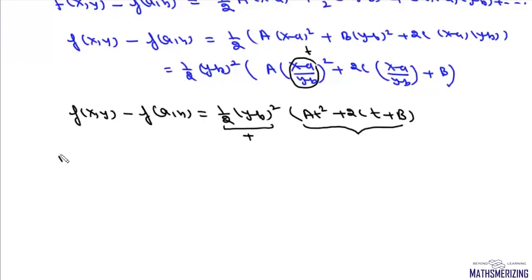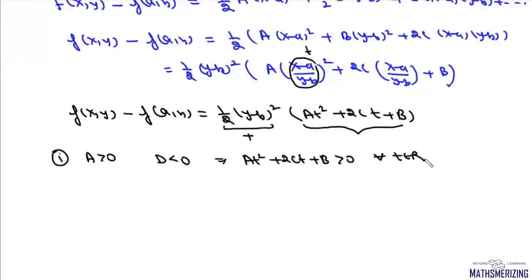Now we know that if a is greater than 0 and if d is less than 0, then this quadratic expression a t square plus 2c t plus b is always positive for all t belongs to R.